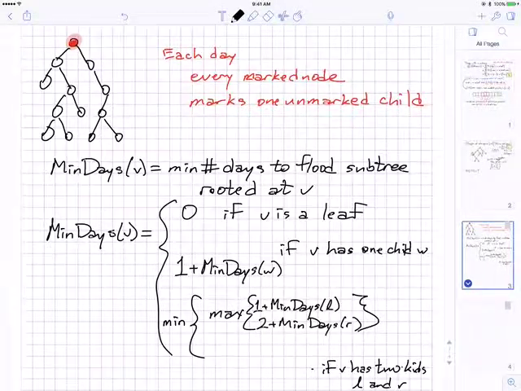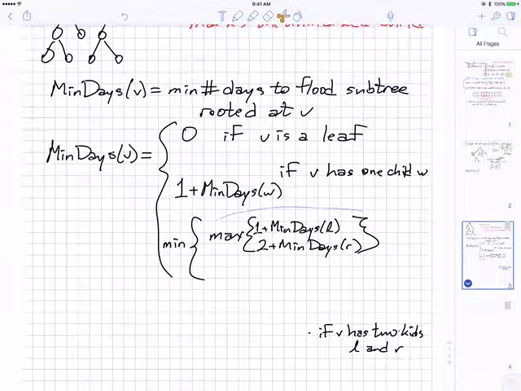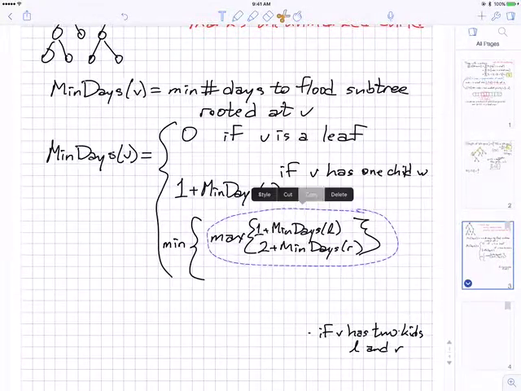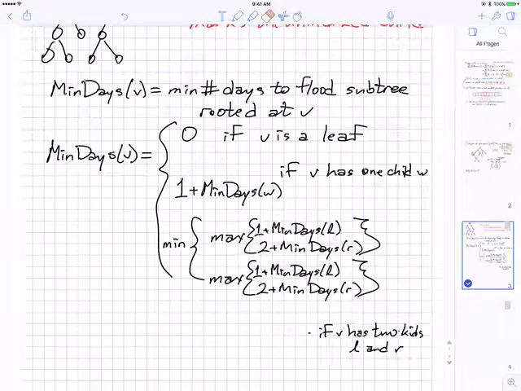And then similarly, sorry, let me move this down a little bit more. And the other possibility is RL.